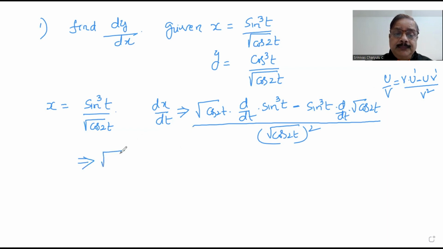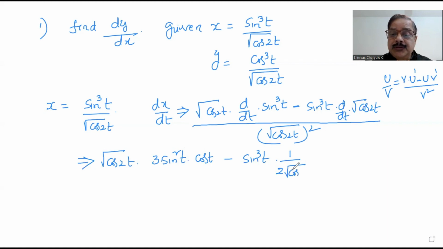So root of cos 2t into d by dt of sine cube t, apply the power rule: 3 into sine square t, sine t differentiation cos t, minus this function sine cube t into d by dt of root of cos 2t. Root of cos 2t differentiation 1 by 2 root cos 2t. Cos 2t differentiation minus sine 2t. 2t differentiation 2.